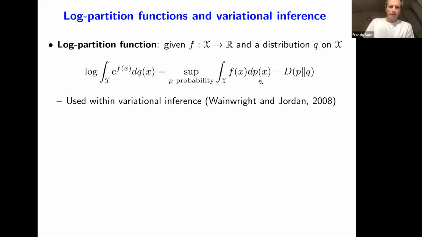What I mean by that is, if you want to compute a log-sum-exp function, so the expectation, the integral of the exponential of any function f with respect to some dq, think of dq as being the uniform distribution on x, then you can see it as a supremum over a linear function of a measure p and f, minus the relative entropy. So these are the classical properties of convex duality between entropy and log partition function.